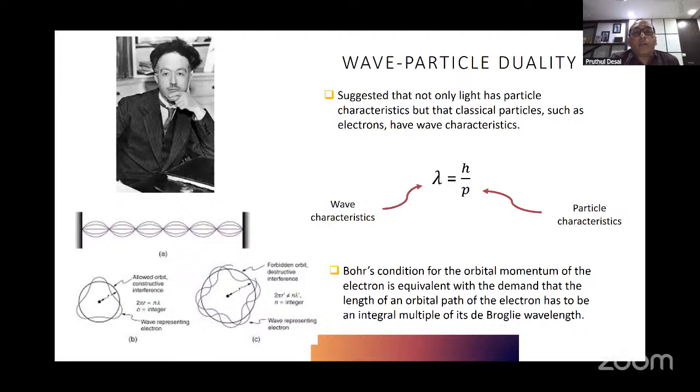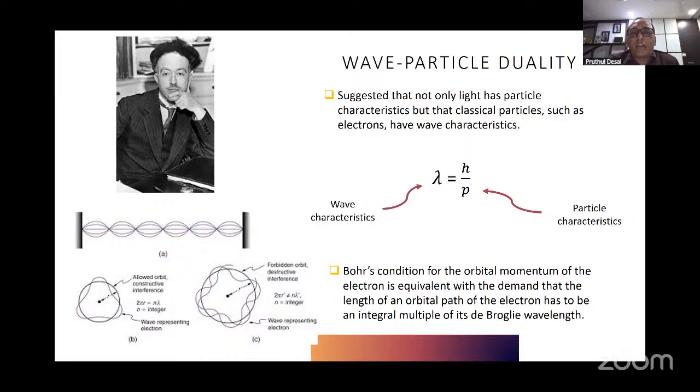Another important idea which was a triggering point for Schrodinger, as I discussed earlier, was wave-particle duality. So it was Louis de Broglie who suggested that not only light, but in fact classical particles such as electrons also have wave characteristics.